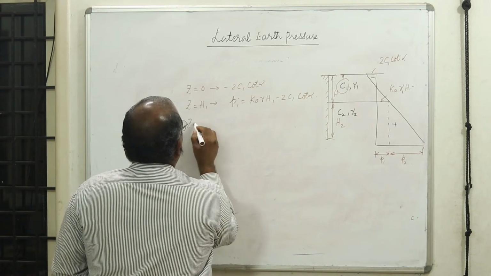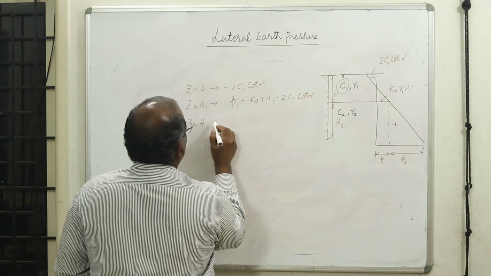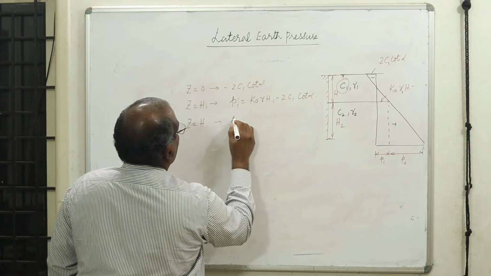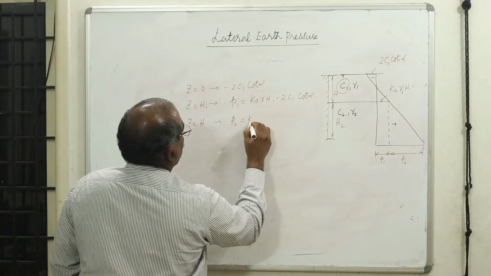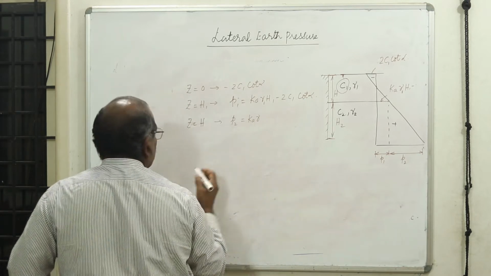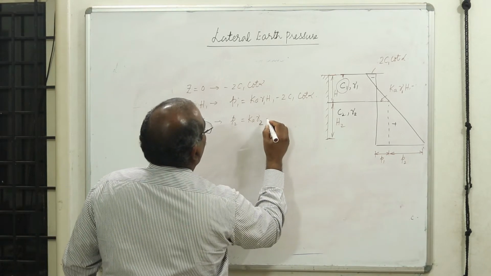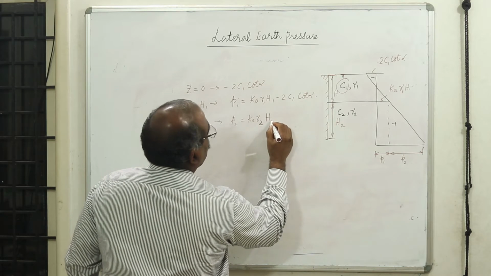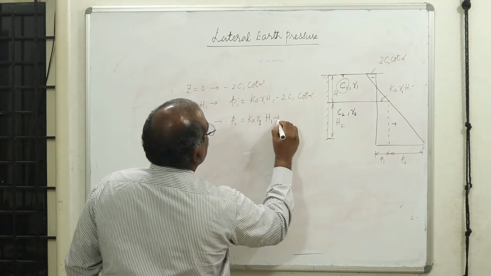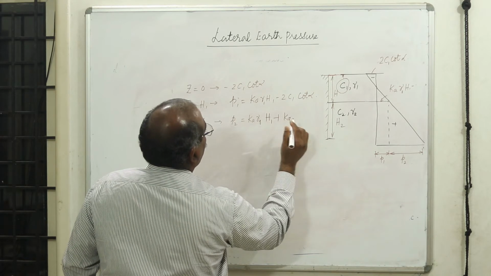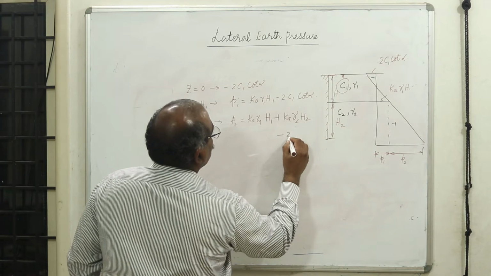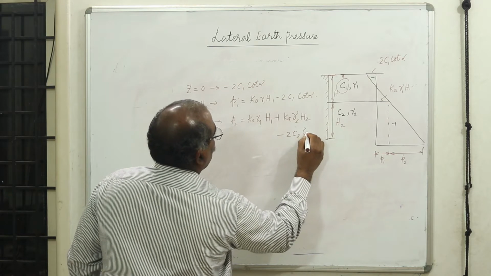Now, when Z is equal to H, that is at this depth, P2 is equal to Ka gamma 1 H1, plus Ka gamma 2 H2 minus 2C2 cot alpha.